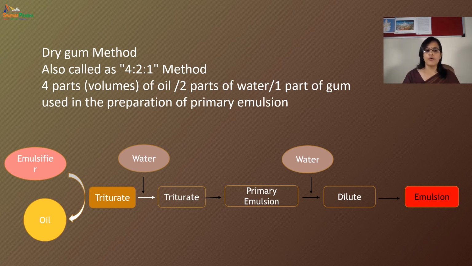Four parts by volume of oil, 2 parts of water and 1 part of gum are used in the preparation of the primary emulsion. The oil and gum are triturated, and then water is added to form the primary emulsion, which upon dilution forms the emulsion.